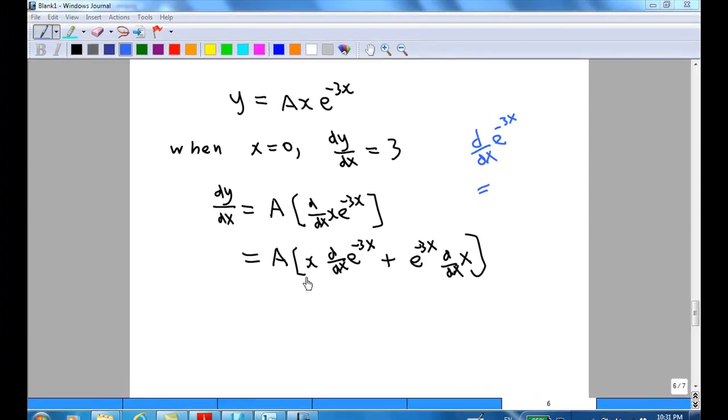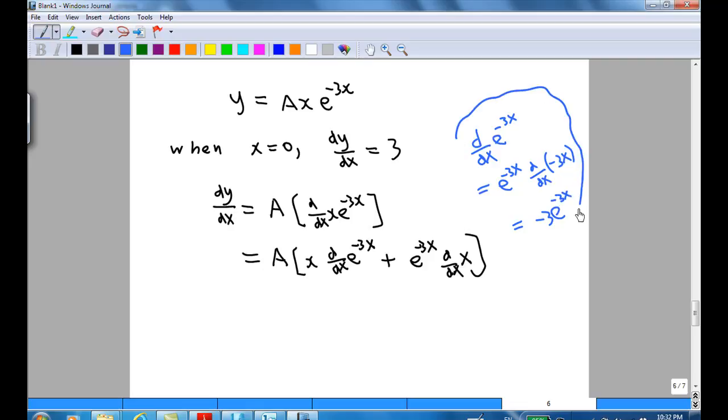Remember that differentiating e^(-3x) gives e^(-3x) multiplied by the derivative of -3x, which is equal to -3 e^(-3x). And then the derivative of x is 1.